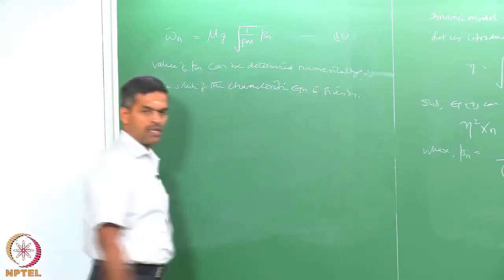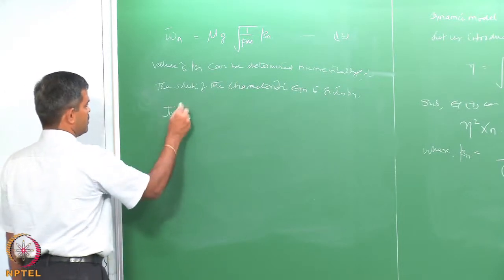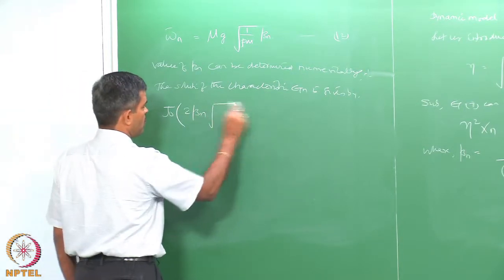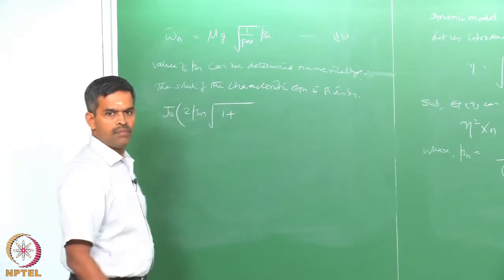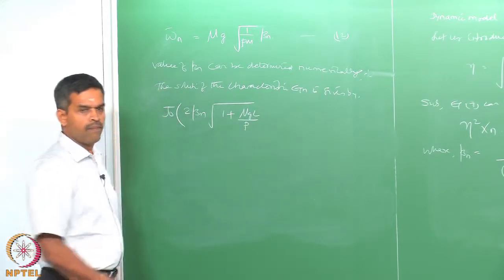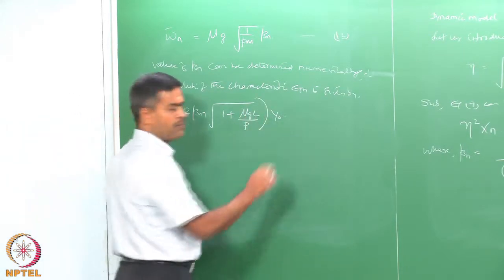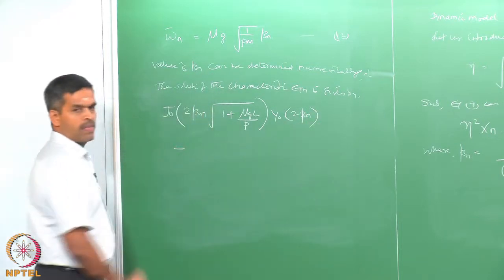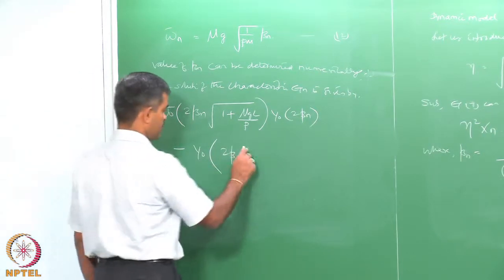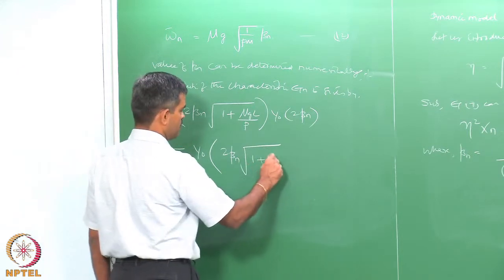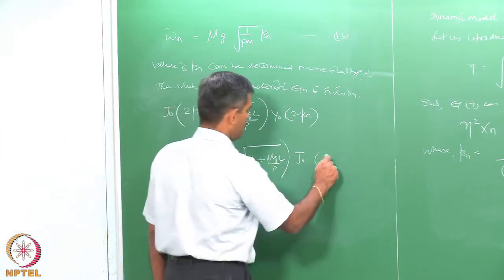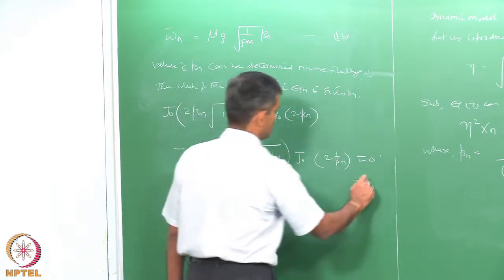That is the reason why we can get beta n numerically.